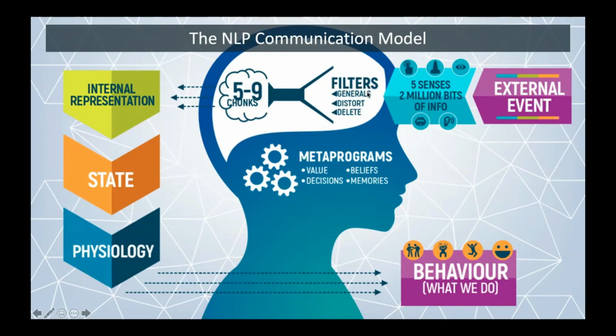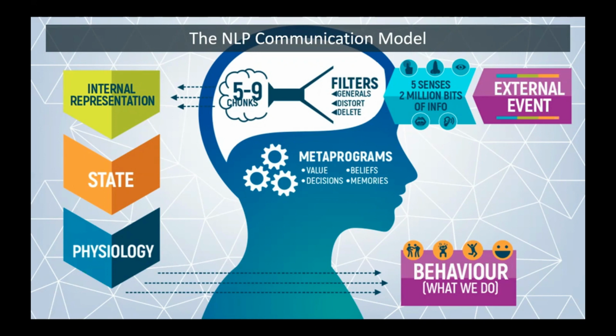We delete, distort, and generalize, breaking this information down into chunks, 5 to 9 chunks of information. Don't worry too much about that at the moment. We filter the information through these filters. They are our meta programs, which is our personality, our values, our beliefs, our decisions, and our memories.